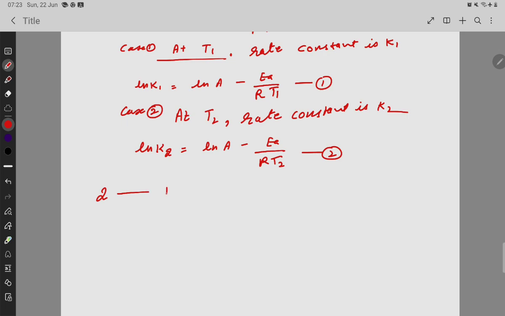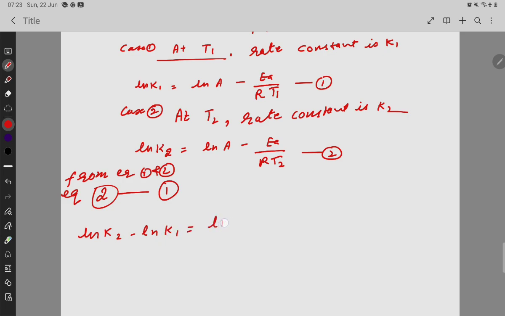Equation 2 minus equation 1 we are doing. At the different temperatures, from equations 1 and 2 we are subtracting. So ln k2 minus ln k1 is equal to ln A minus Ea upon RT2, minus, in bracket, ln A minus Ea upon RT1.